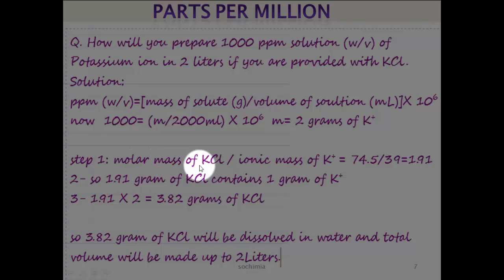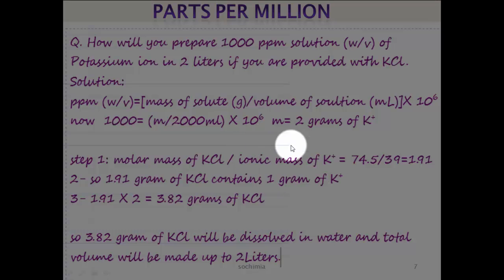So step 1 is molar mass of potassium chloride, which is 74.5, divided by ionic mass of potassium, which is 39. We get this number 1.91, which tells us that 1.91 grams of potassium chloride contains 1 gram of potassium.